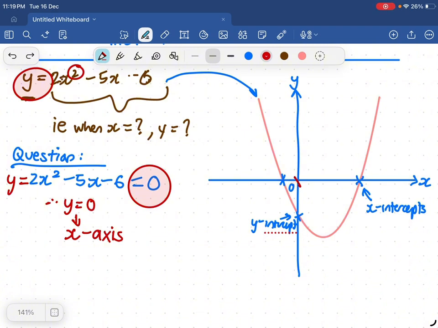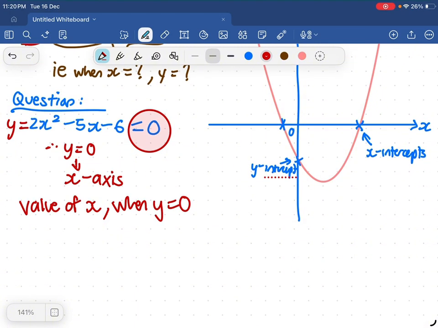So we need to find the value of x when y is 0, which basically means finding the x-intercepts. So what are the x-intercepts?